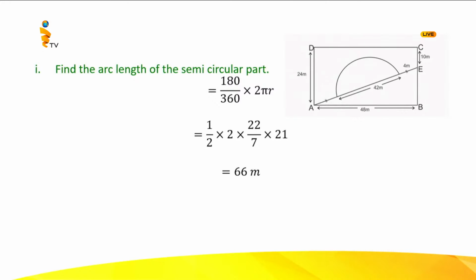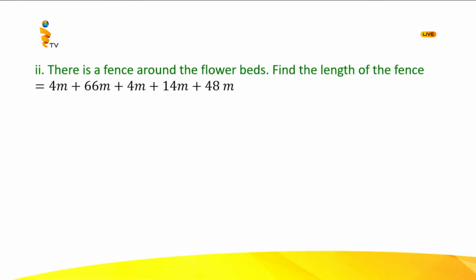You have to add 4 meters, the arc length, again 4 meters and 48 meters, and you have to find the length of EB. That will be 24 meters minus 10 meters. So the perimeter is 4 meters plus 66 meters, the arc length, plus 4 meters plus 14 meters plus 48 meters. The answer will be 136 meters.